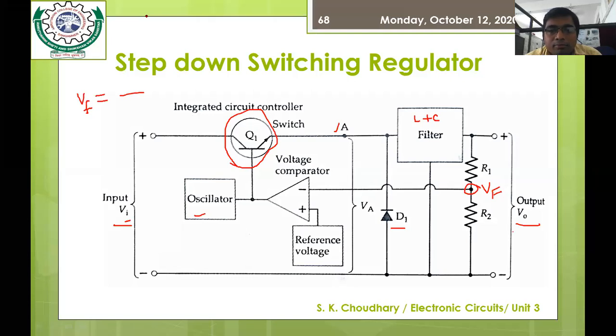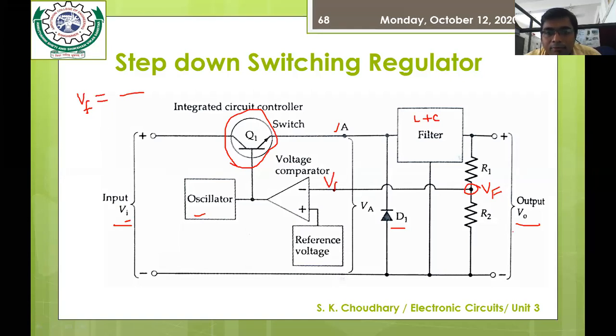Can anyone tell me? Sadia Pathan, what is the equation of Vf? This is the voltage Vf, you can say.